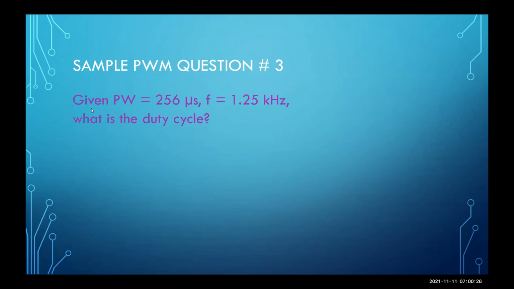In this example, the given facts are a pulse width of 256 microseconds and a frequency of 1.25 kilohertz. Based on that, let's figure out what our duty cycle is going to be.